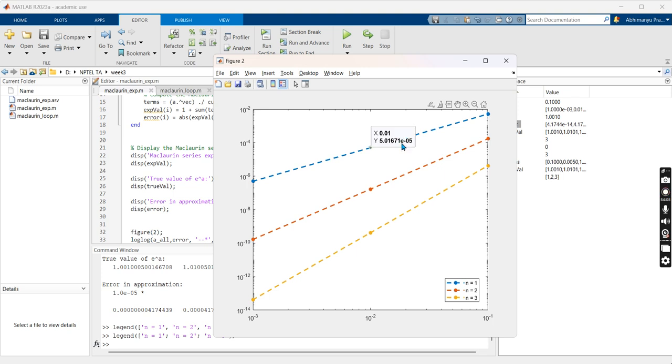Furthermore, as we increase the number of terms, the error also decreases. This is for n is equal to 1, this is for n is equal to 2. So the error has decreased across all the a values for an increase in the number of terms. Similarly, as we go from n is equal to 2 to n is equal to 3, the error decreases. As we increase the number of terms further and further, the error further decreases.